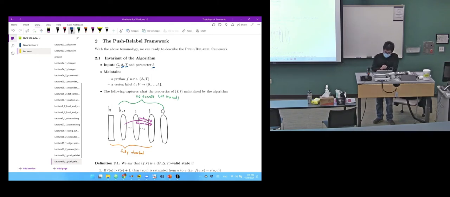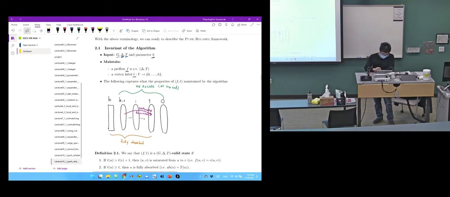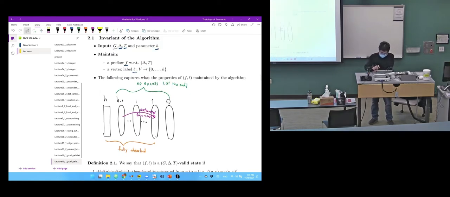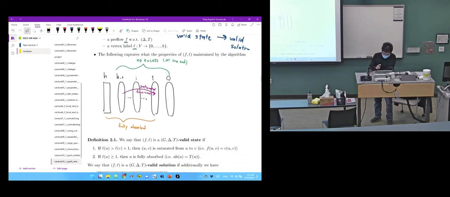And what the algorithm maintains is a preflow and a vertex level. Basically the algorithm transforms a valid state to a valid solution. And a valid state is like we said: F and L is a valid state if two things happen.